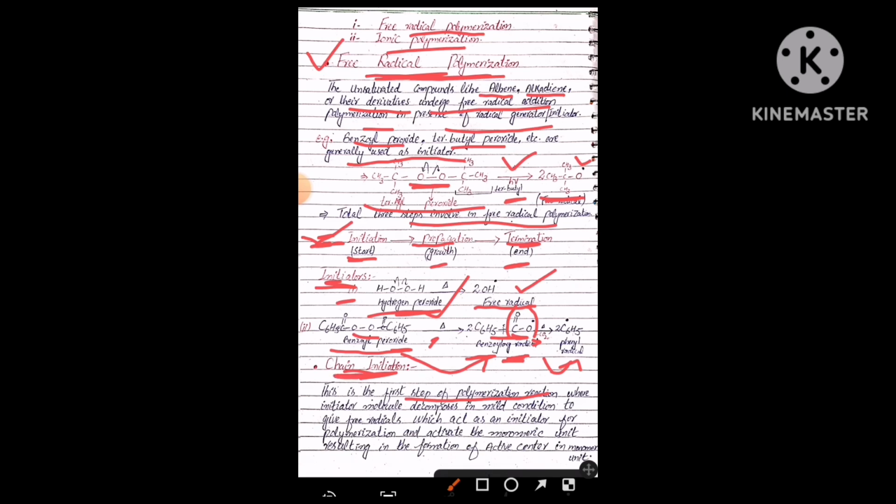Chain initiation is the first step of the polymerization reaction, where the initiator molecule decomposes under mild conditions to give free radicals, as we have already seen in the above topic, which act as initiators for polymerization and activate the monomeric unit, resulting in the formation of an active center in monomer units.